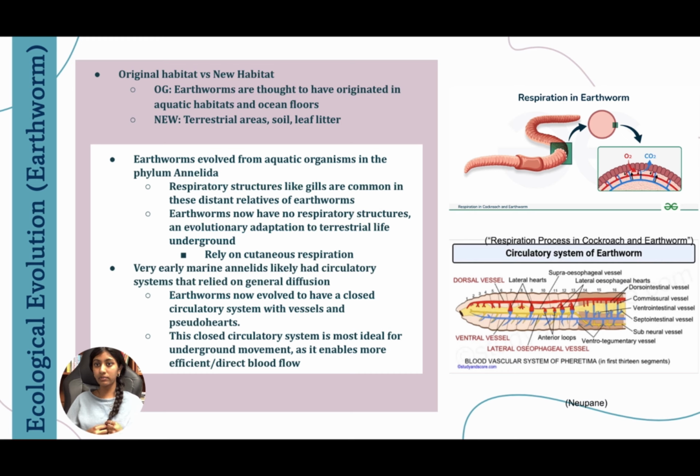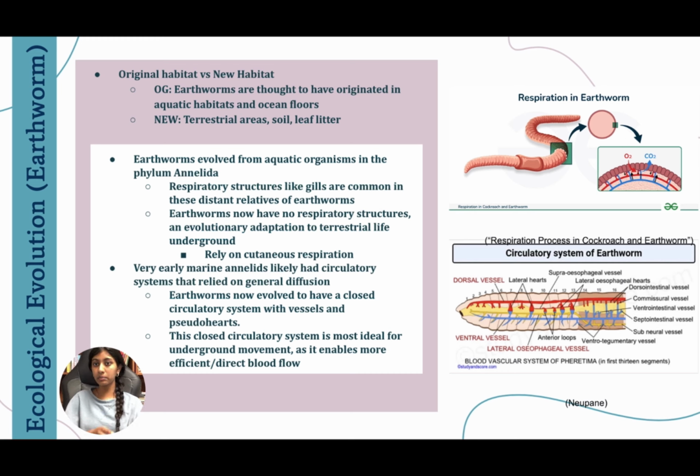However, now they don't have any respiratory structures because they can be found in soil and more terrestrial areas. So they completely rely on cutaneous respiration for oxygen diffusion, which is basically oxygen diffusion through their skin.